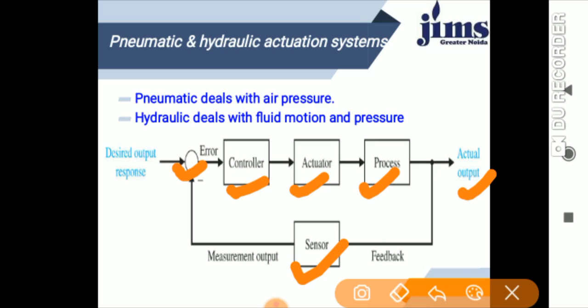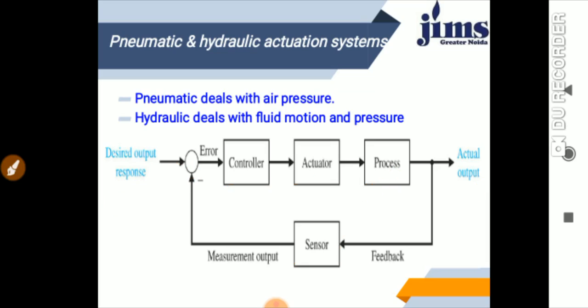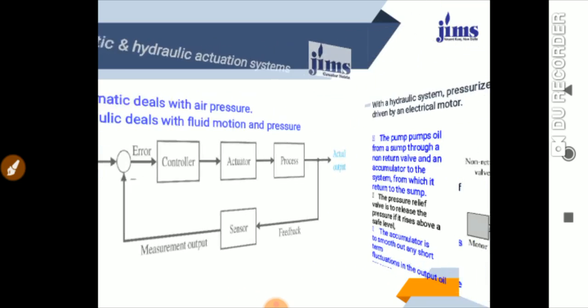They measure the actual output and compare it with the desired output, whether it is the same or different. If it is the same, then it's all right, go for the next operation. If it is not all right, then they pass the signal about what problem we are facing, rectify it, and then go for the next operation.